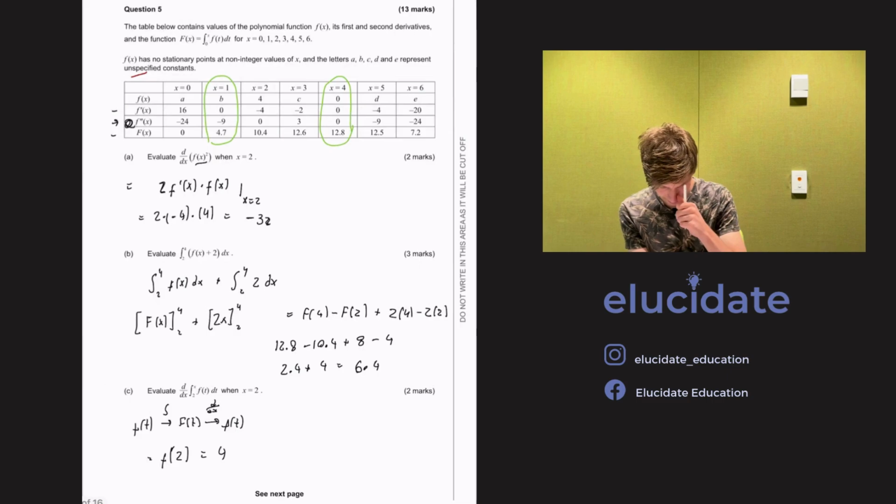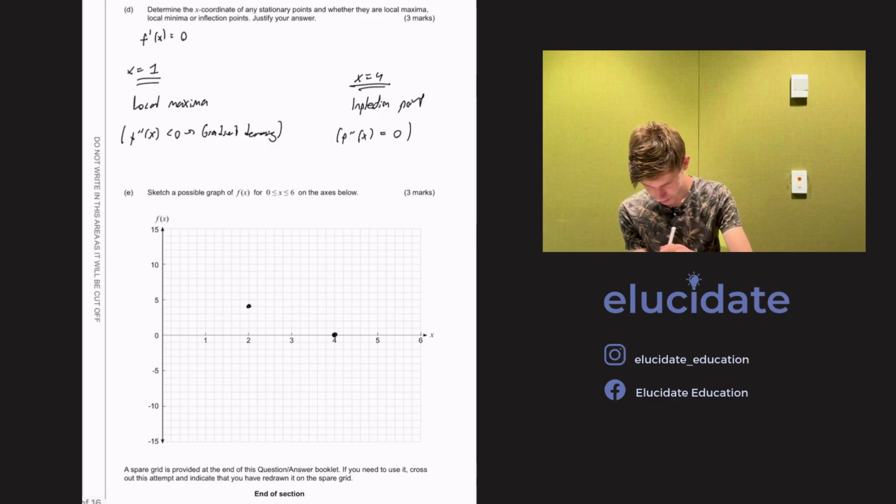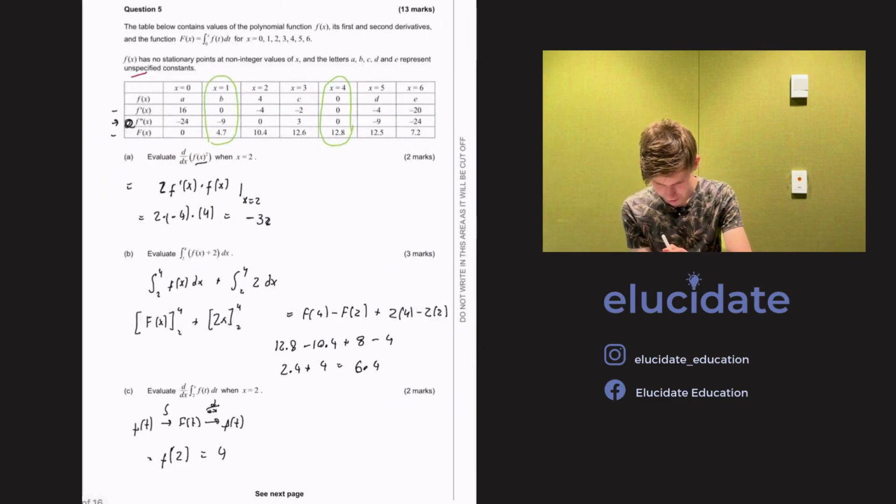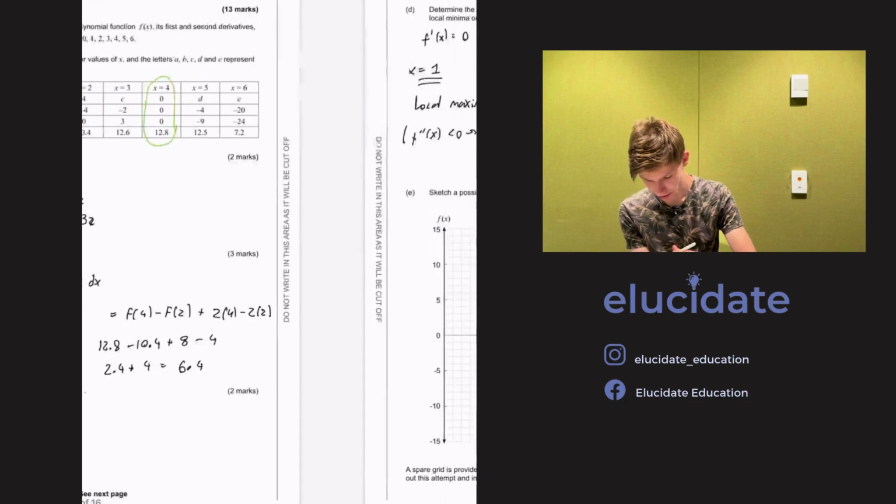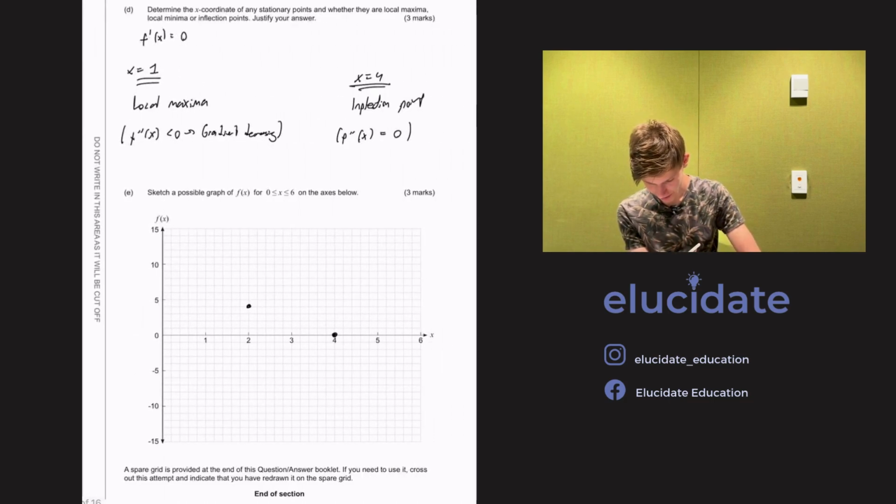So let's have a look at what's happening to the function. We know that the function has a maxima at x equals 1. We don't know what exactly it is, but we know that it must be higher than this point here, because it must be a local maxima. So I'm just going to plot it over here.